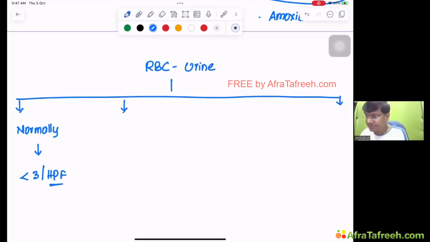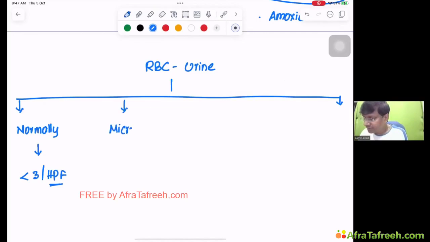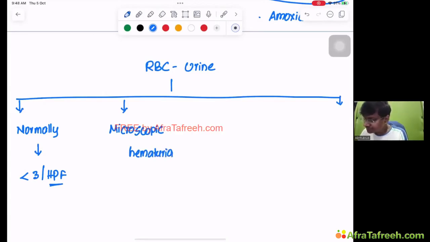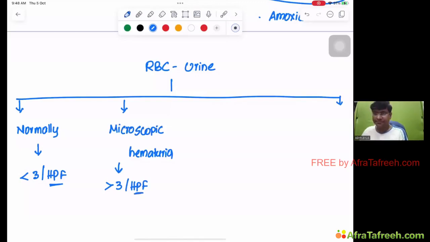When will you consider it as microscopic hematuria? We consider it as microscopic hematuria when the number of RBCs is more than 3 per high power field.